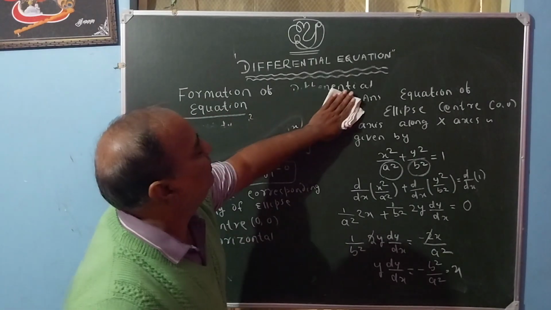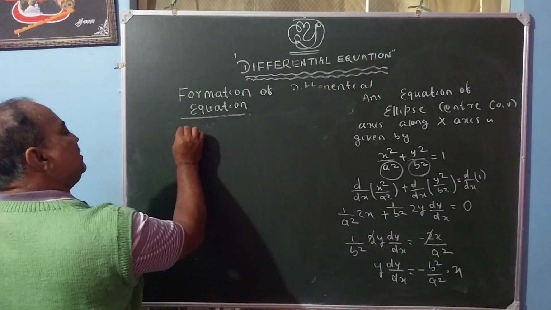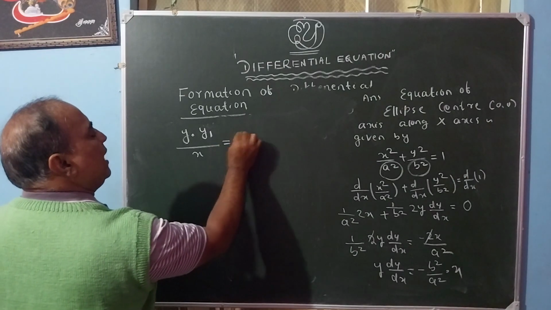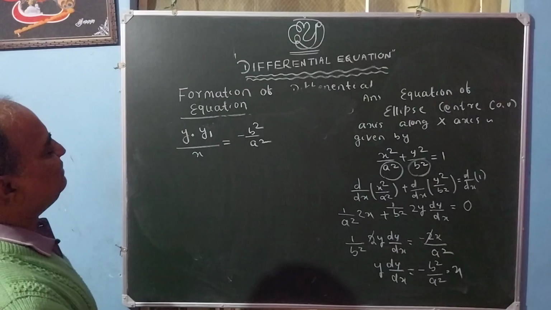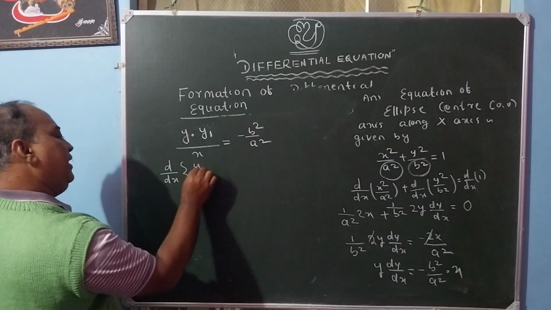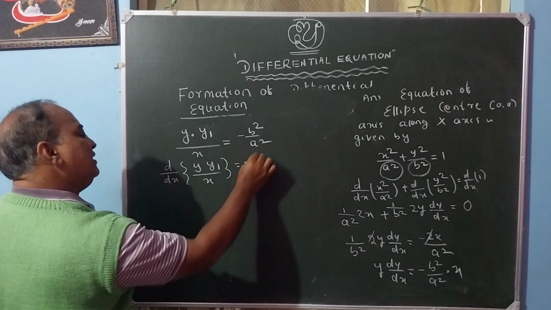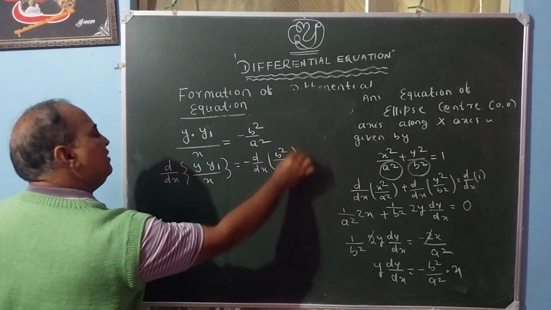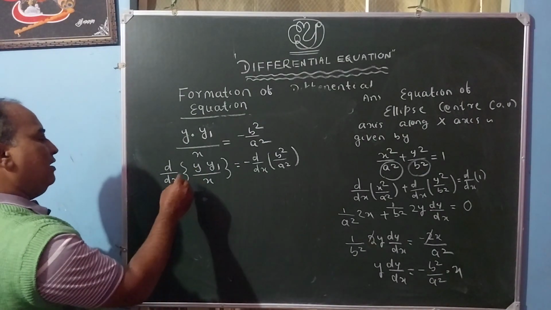We get y1 by x is equal to minus b square by a square. Now differentiating on both sides with respect to x. So d/dx of y1 divided by x is equal to minus d/dx of b square by a square. This is a total constant, its derivative is 0.